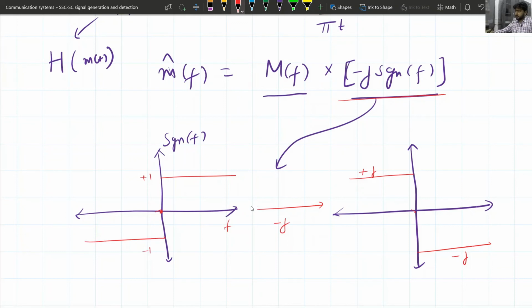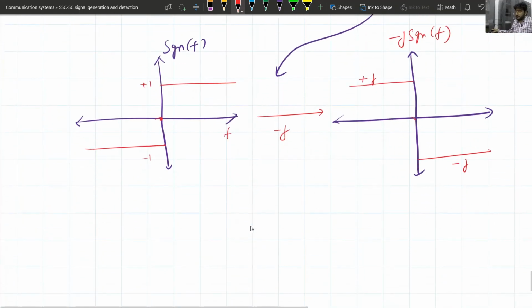So this is the graph for minus j times sgn of f. Now what we have to do is multiply M f, the Fourier transform of the message signal, with minus j sgn of f. Now before that, let's see the property of this function.